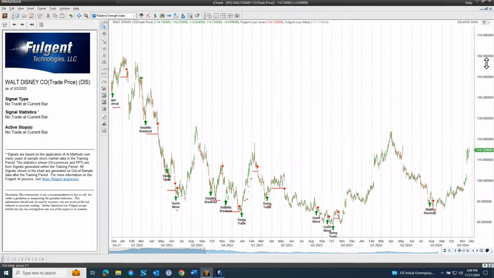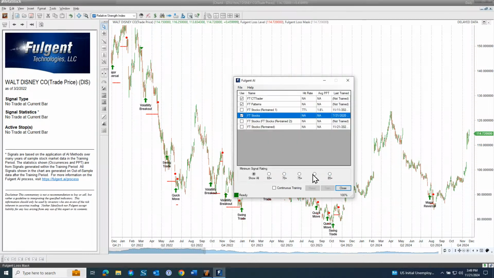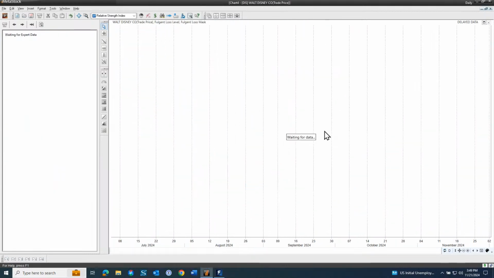So we're looking at a chart here. What I'm going to do is go back into the interface down here and say, show me the 80% signals. I have no idea what it's going to show, but we'll just refresh. And what we should see is fewer signals that are generally better. We'll just go through a few charts, look at several here.